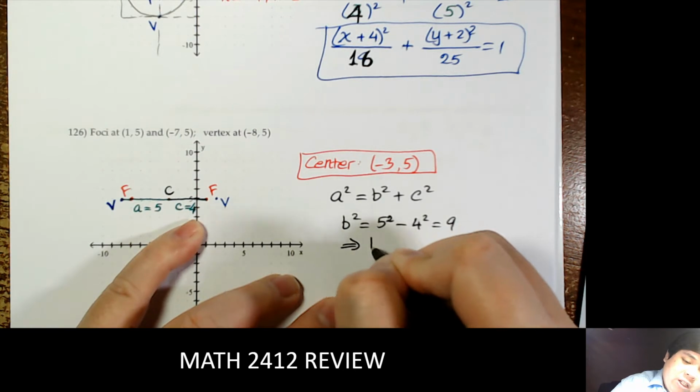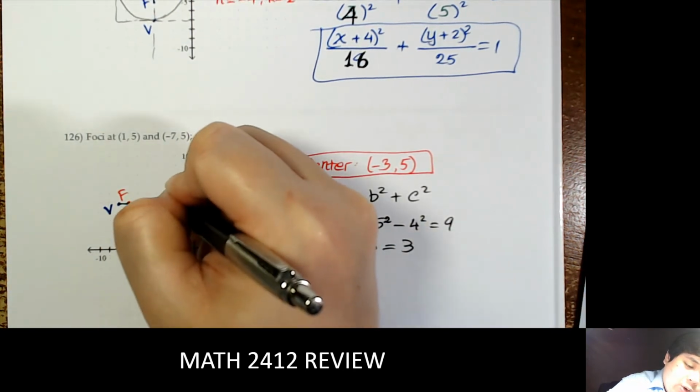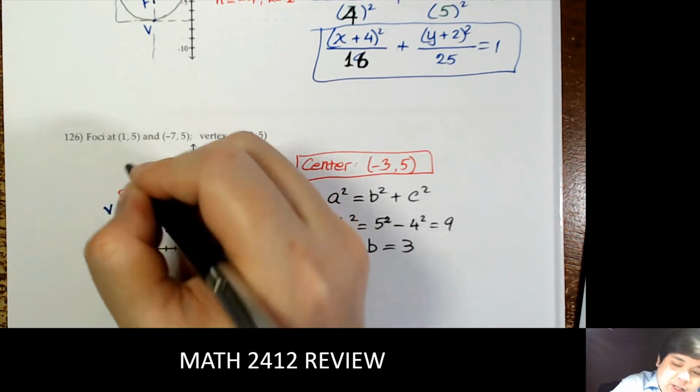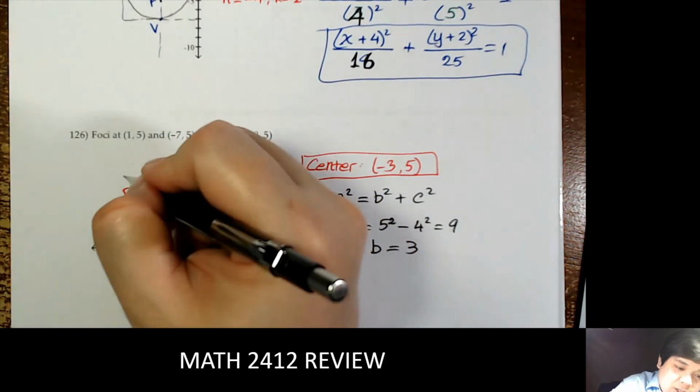So b is 3, meaning that we go 1, 2, 3 up, 1, 2, 3 down. Then we draw the box.